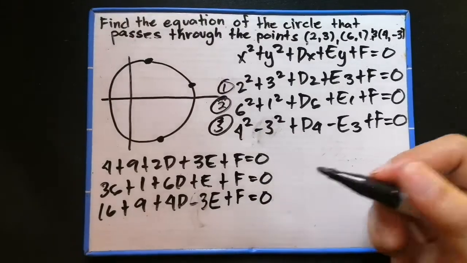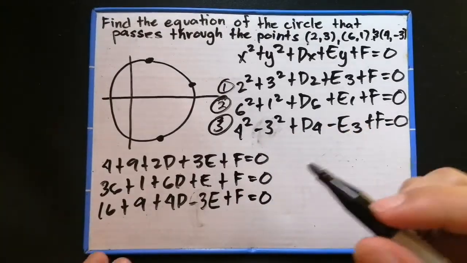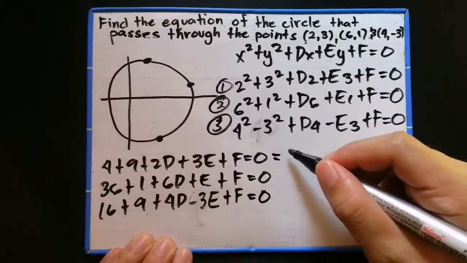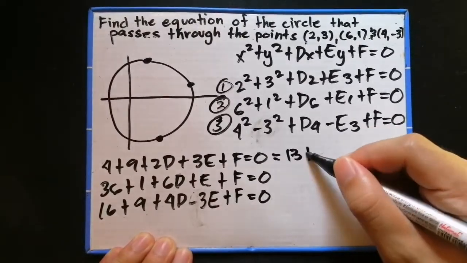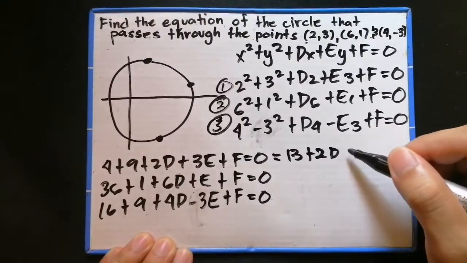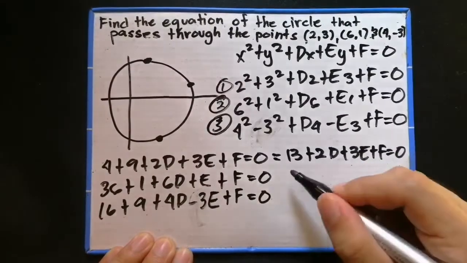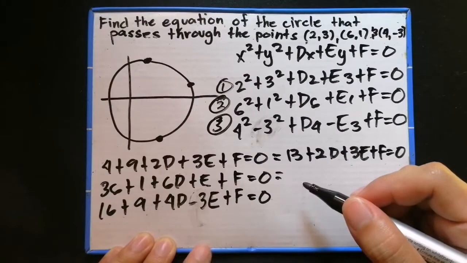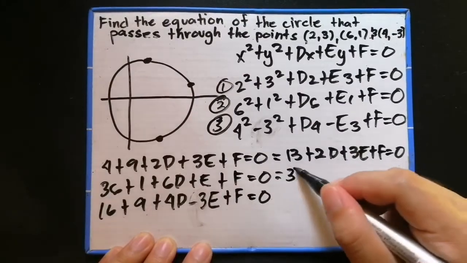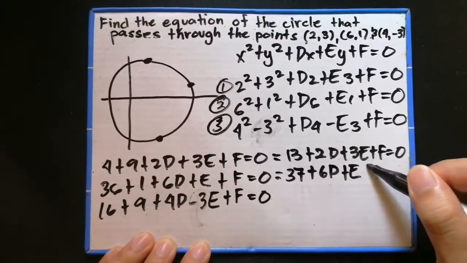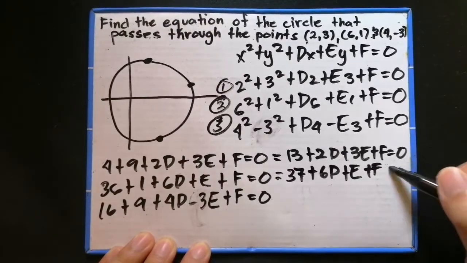Can we still simplify these equations? Yes. Equation 1 becomes 13 plus 2D plus 3E plus F is equal to 0. Equation 2 becomes 37 plus 6D plus E plus F is equal to 0.